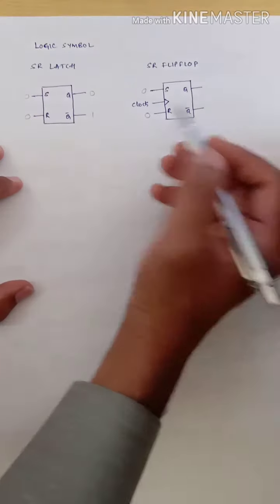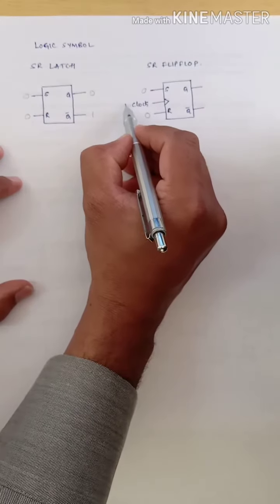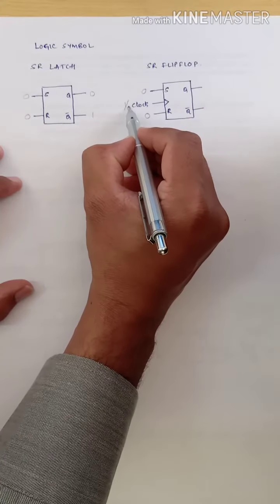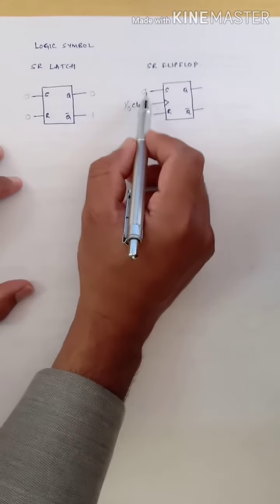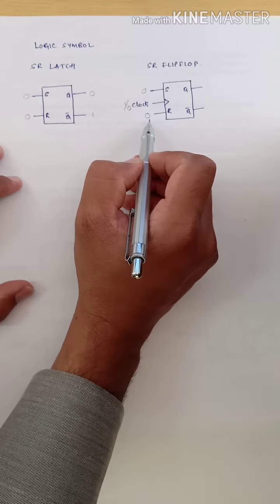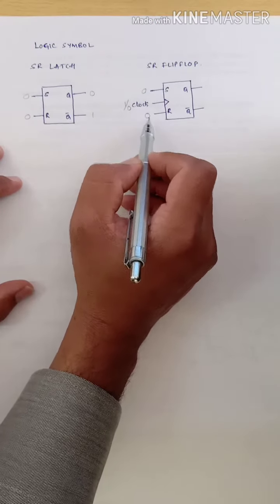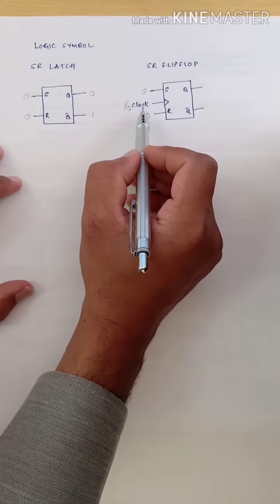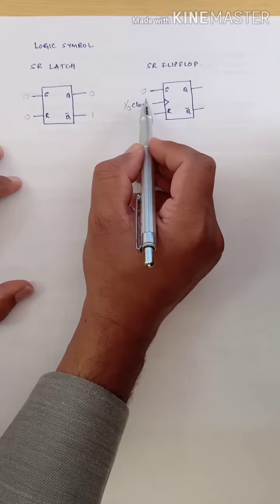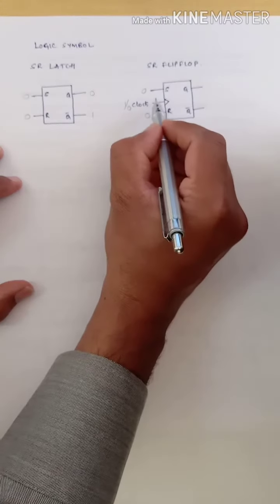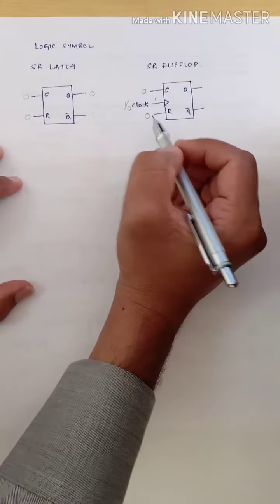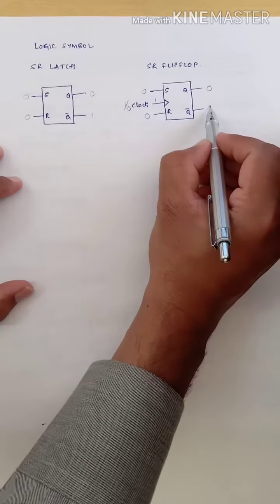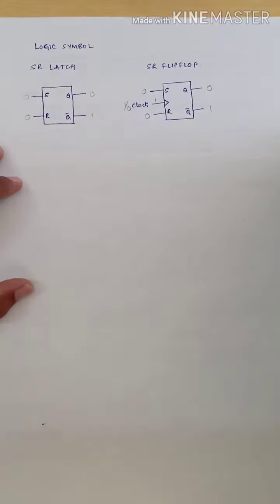That means here you can give this clock input as either 1 or 0. Even though you have the inputs given to S and R, you are going to get the output only upon giving the clock input. Assume you have given the clock input as high. High means you have given the clock input as 1. Then you are going to read the output as Q equal to 0, Q bar equal to 1.